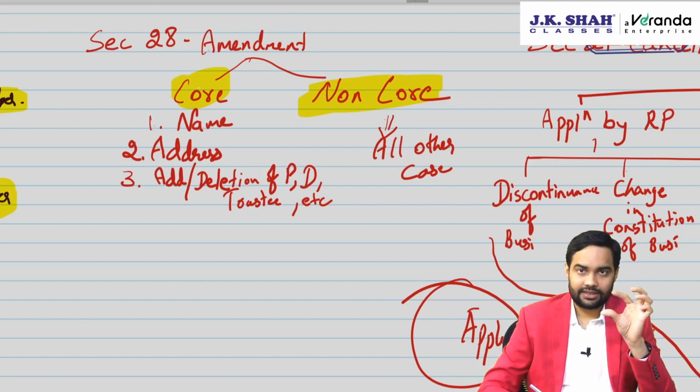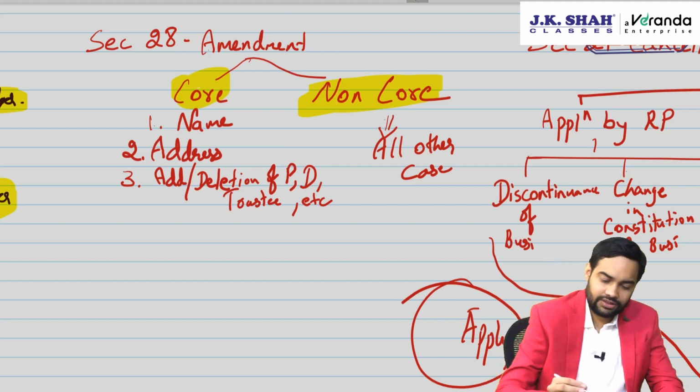And first part, when it is forwarded first time, if he does not take any action within 15 working days, deemed acceptance. Second, after your reply, if he does not take action within 7 working days, deemed registration. So the deemed registration points are as it is.